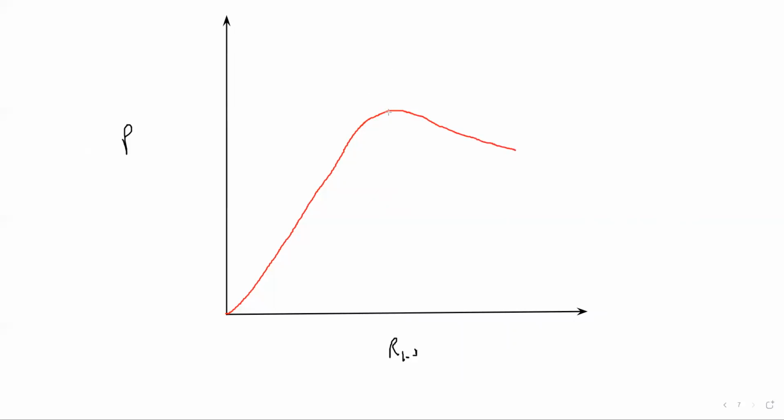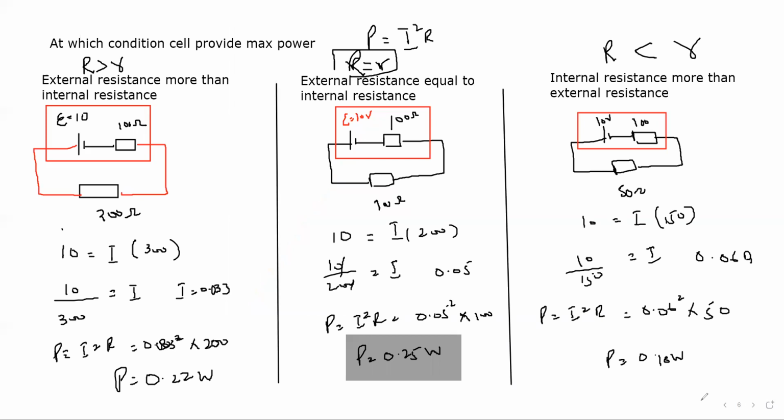Maximum power is delivered at this point. What does it mean? It means at this point internal and external resistance have the same value. Is the concept of power transfer by the cell or the battery clear? And it is maximum when internal and external resistance have the same value.